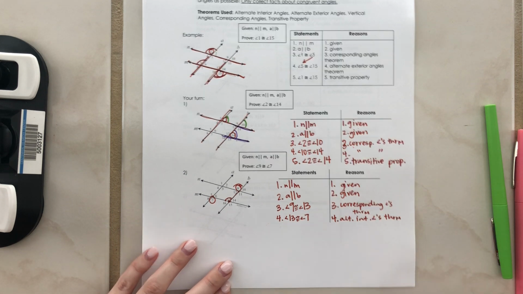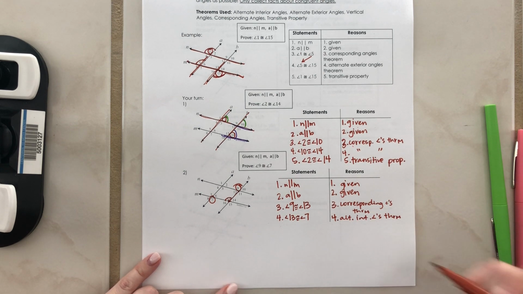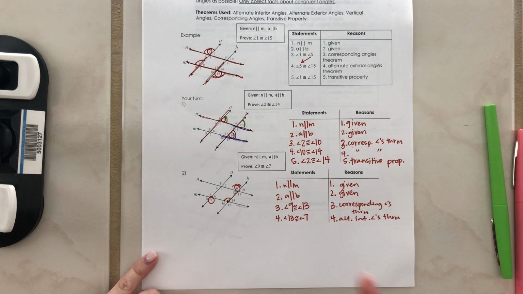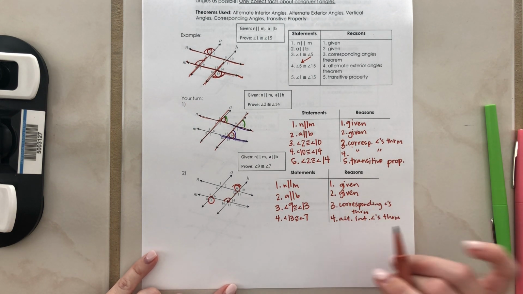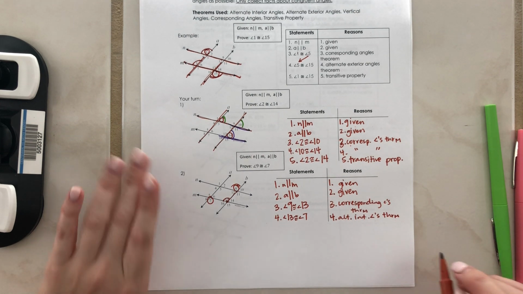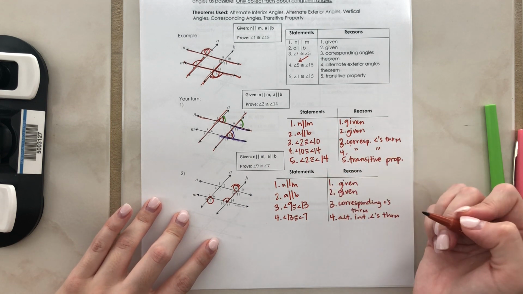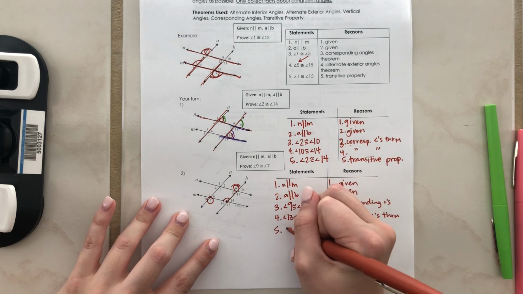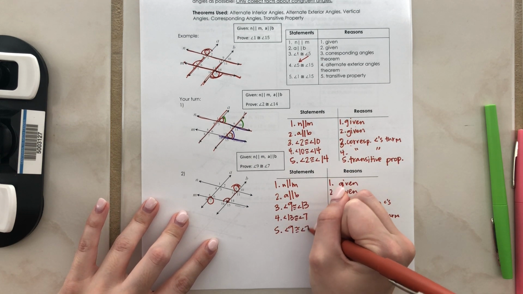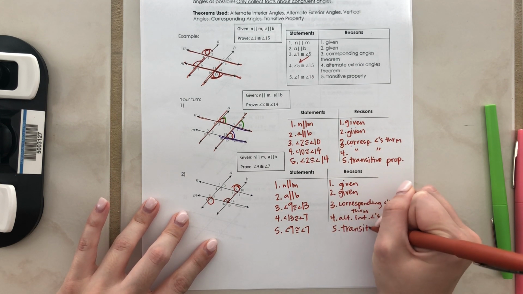And by the alternate interior angles theorem, we know they're true. Okay, mathematicians, I say they're always lazy and don't want to use a lot of words. This is where they use a lot of words, okay? Because we're trying to make this as easy as possible for anyone to read. Right? They can follow it, they know exactly what we're doing, there's no way they can get it mixed up. And then our last reason, so we now can say angle 9 is congruent to angle 7 by the transitive property.